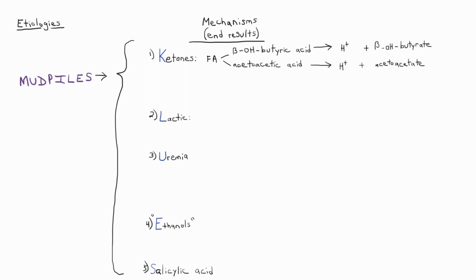Lactic acidoses are a special group, and we'll cover these in another video, because many things will result in a lactic acidosis, so I'm not even going to begin to cover those. Suffice it to say that any process that interferes with oxidative phosphorylation or any process that causes tissue hypoxia is going to result in lactic acidosis.